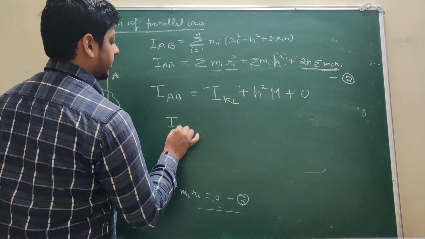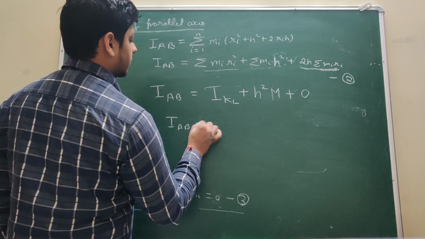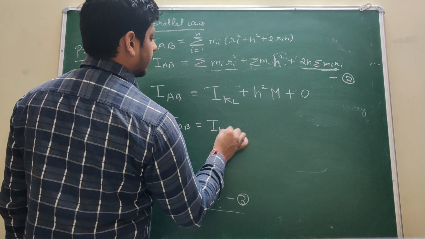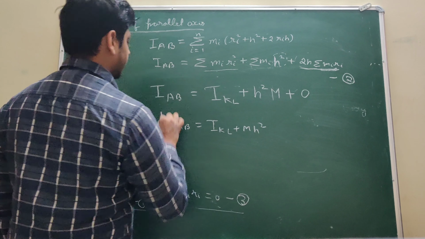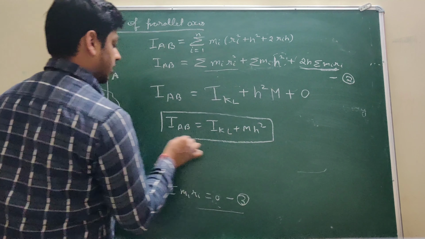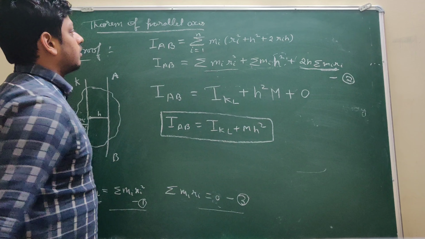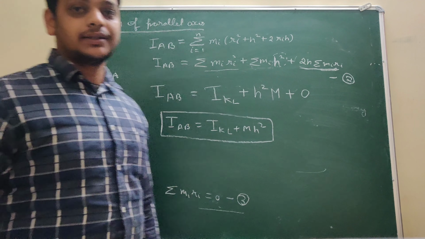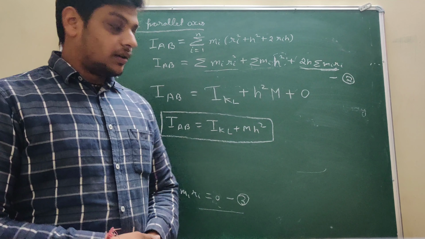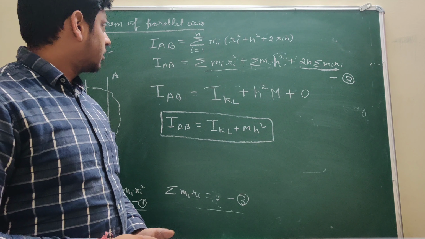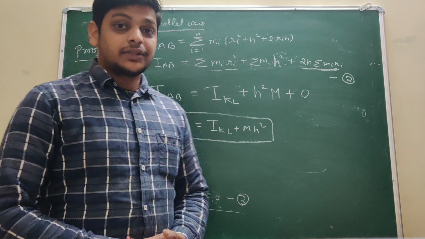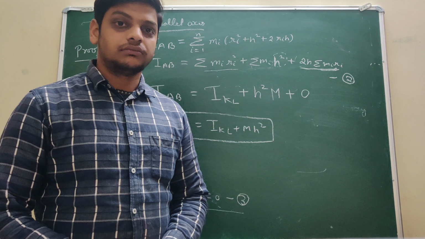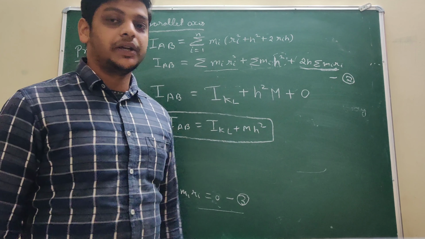So IAB is equal to IKL plus M h square. This is our theorem for parallel axis. In the next video we will see the theorem of perpendicular axis.